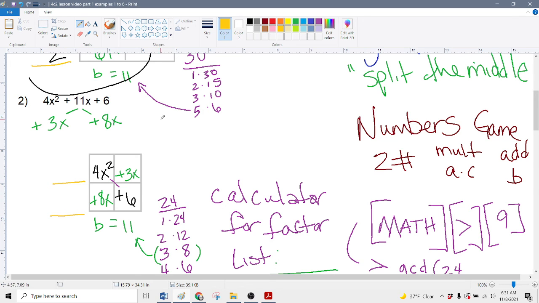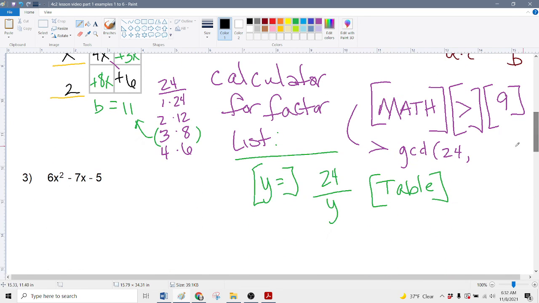We'll take the GCF of that top row. The GCF of this bottom row would be a 2. And here's where you can put the 8 and the 6 to get your GCF using this math arrow right 9 if you'd like. Remember, you can use that to compare two different numbers to find the GCF.